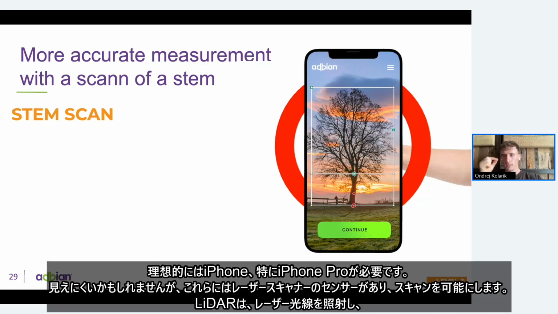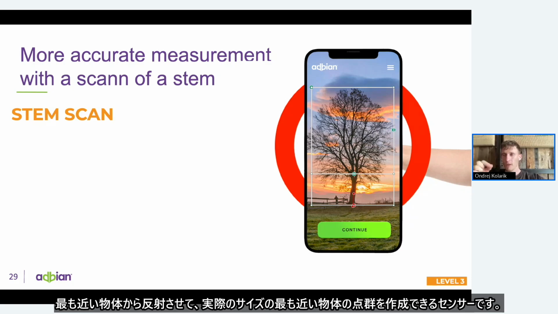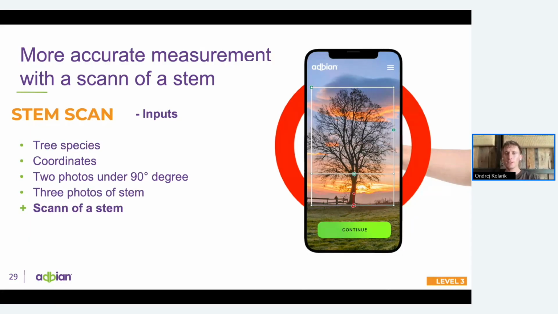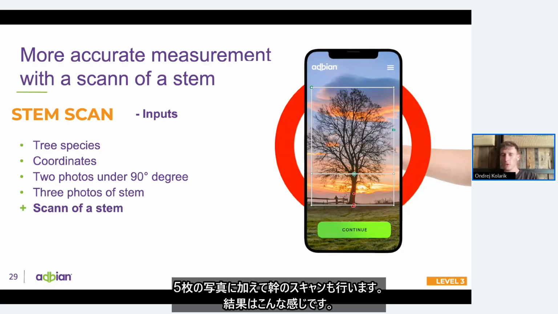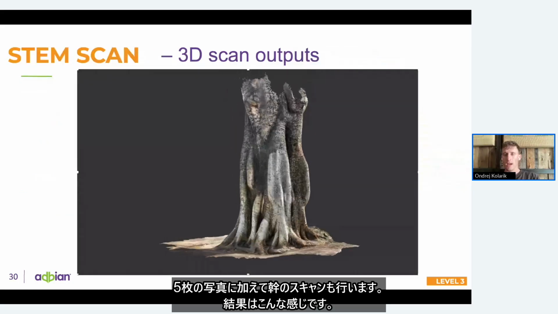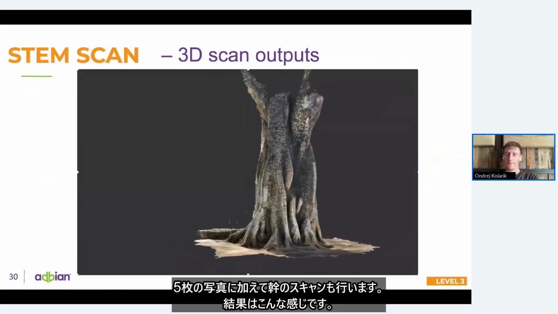LiDAR is a sensor that shoots a beam of a laser and it reflects from the nearest object and can create a point cloud of the nearest object with real size. So with the 5 photographs, you would also collect the stem scan, and this is how the results can look like.